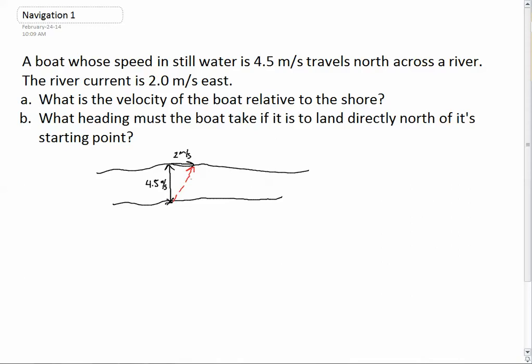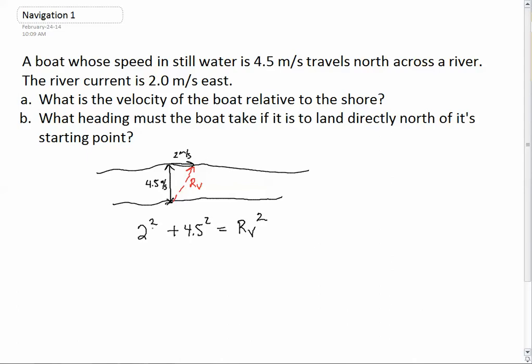This is the resultant velocity for the boat. Clearly, we can solve this using the Pythagorean theorem because the two vectors are perpendicular to each other. So we've got 2 squared plus 4.5 squared, and that's equal to the resultant velocity squared.